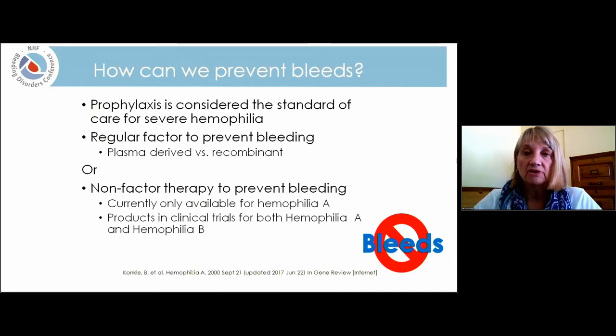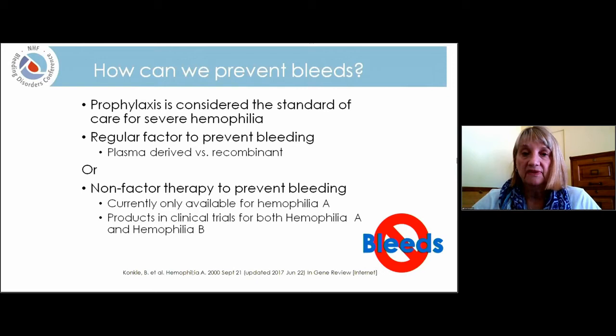But we don't want our children with hemophilia to bleed. So how can we prevent bleeding in our patients with hemophilia? For those patients that have severe hemophilia, they are typically offered the chance of prophylaxis, or giving factor preventively so that bleeding does not occur.